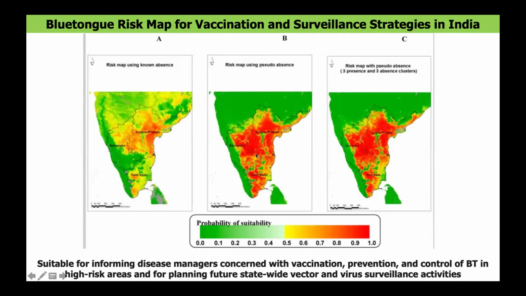This can be done in every season. The environmental factors and the BT presence and absence can be put in that model. The host, what kind of breeds and age group are prevalent, and what kind of culicoid species are prevalent, everything can be put in the model, and it can predict the disease in the coming seasons.